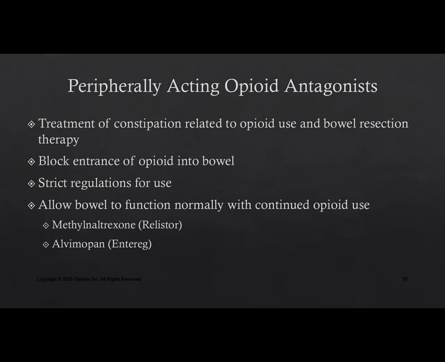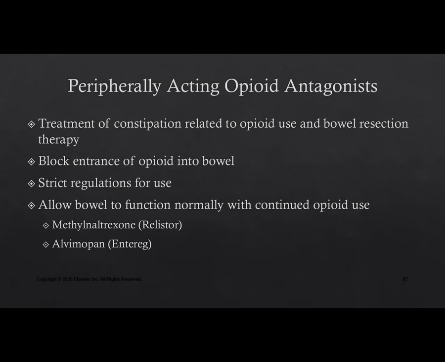Peripherally acting opioid antagonists treat constipation related to opioid use and bowel resection therapy. They block entrance of opioid into the bowel, with strict regulation for use. You have to have an order for most of these, but these ones you only use when you really have to use them. It does allow the bowel to function normally with continued opioid use.